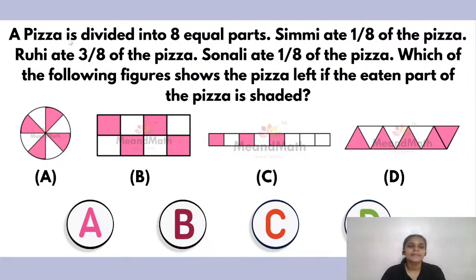The pizza is divided into 8 equal parts. So there's one whole big pizza, as you can see in the picture representation, divided into 8 equal parts. Simmi eats 1/8 of that, Ruhi eats 3/8 of the pizza, and Sonali eats 1/8 of the pizza. Which of the following figures shows the pizza left if the eaten part is shaded?